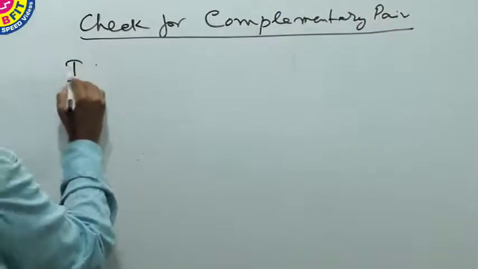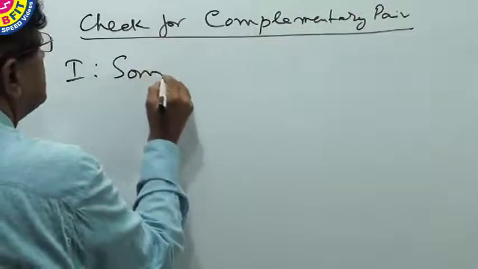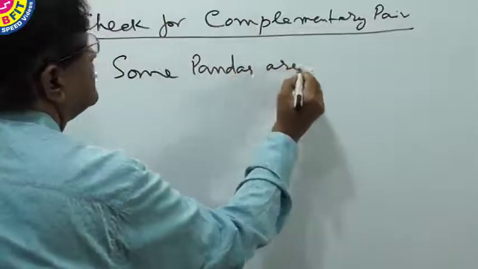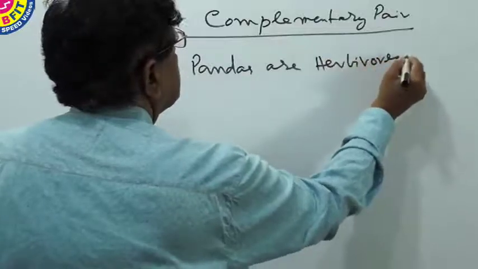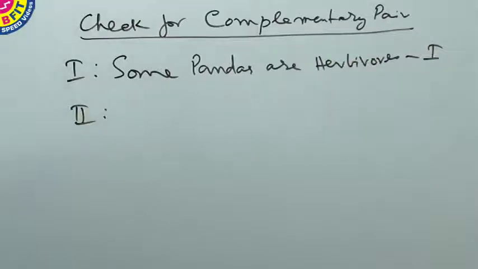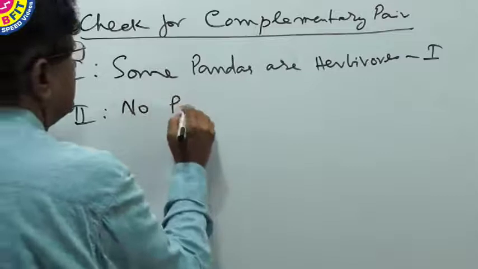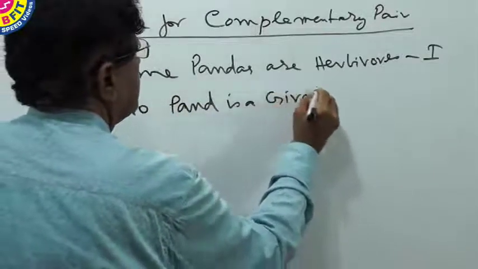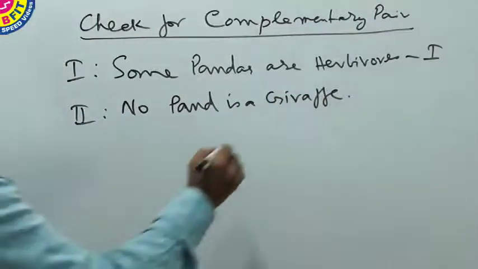Statement 1, some pandas are herbivores, I-type statement. Statement 2, no panda is a giraffe, E-type.